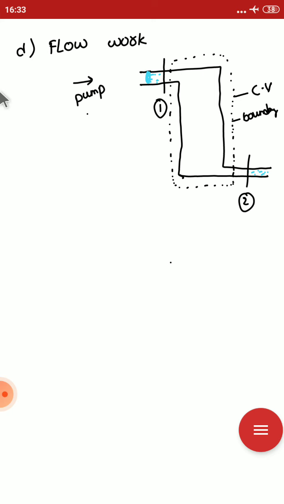Because of this external force acting on the system, the fluid flows over and crosses this boundary. So the energy crosses the boundary here to make the fluid flow across the control volume. With the help of the pump, the fluid crosses the system.